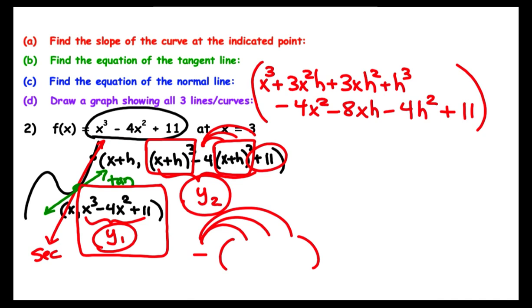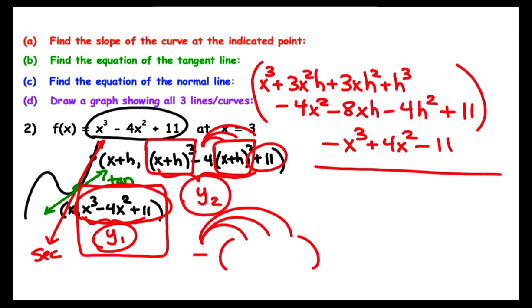So y2, which is in parentheses, minus y1, so that'll be minus x to the third, negative x to the third, plus 4x squared, minus 11. So again, I just wrote this, but just changed the signs on the fly. Over x2 minus x1, which is just this, minus the x. The x's will cancel. It'll simply be an h, as always.